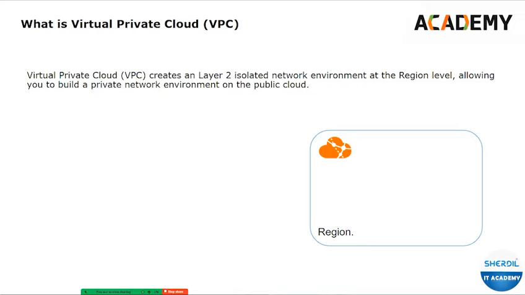A VPC creates a layer 2 isolated network environment at a region level, allowing you to build private network environments on the public cloud. These are not connected with each other. Like if we have two VPCs, the two VPCs are not joined with each other.